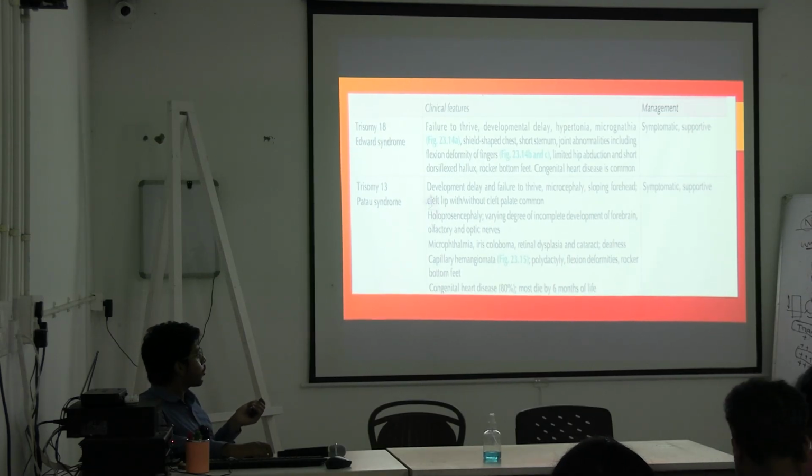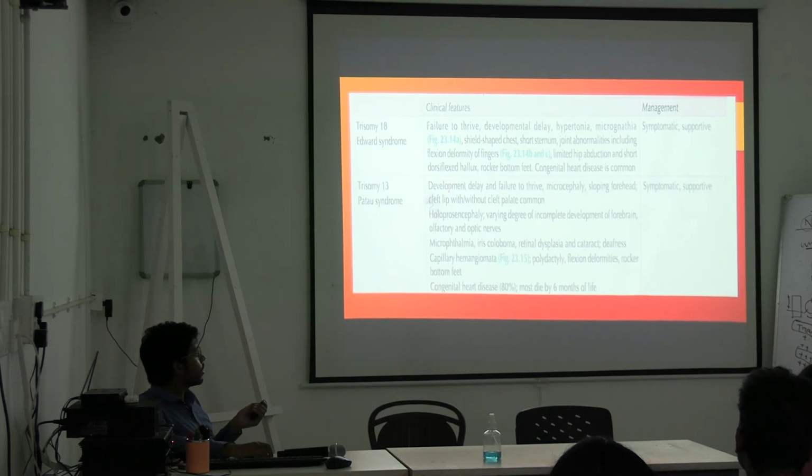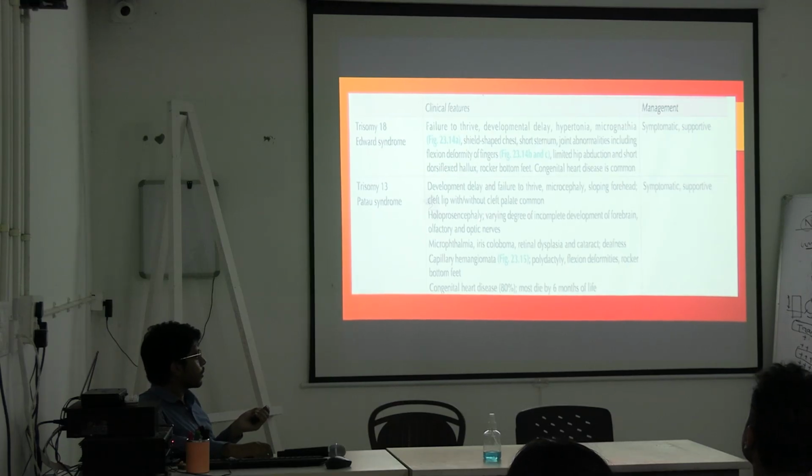Trisomy 13, Patau syndrome. What are the clinical features? Developmental delay, failure to thrive, microcephaly, cleft lip with or without cleft palate, holoprosencephaly, microphthalmia, iris coloboma, retinal dysplasia and cataract, overall eye problems, deafness, ear problems.